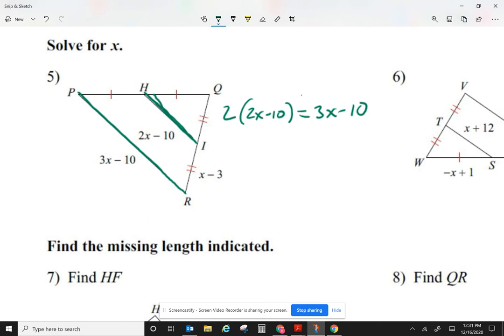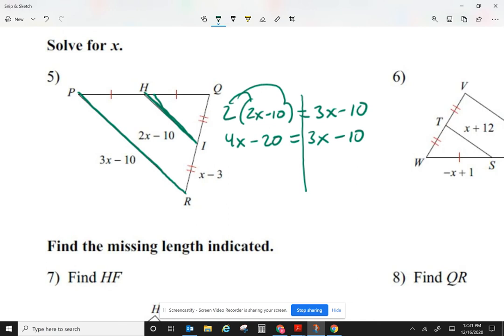The rest is just algebra. Let me separate them through the equal sign. On the left side, let me distribute the 2 to get rid of parentheses. That gives me the 4x minus 20. Remember, distribute the 2. Equals, on the right side, I have 3x minus 10. I see x's on both sides.